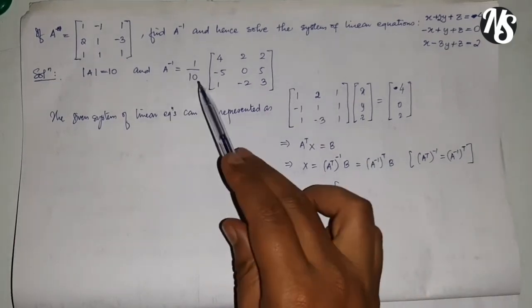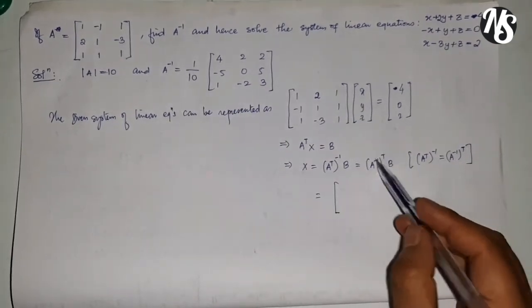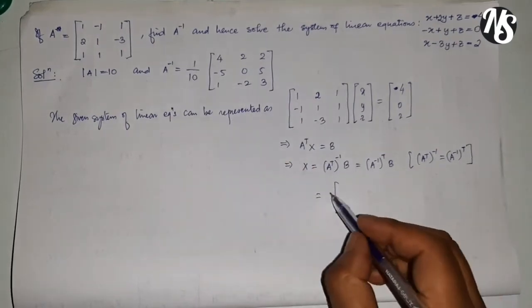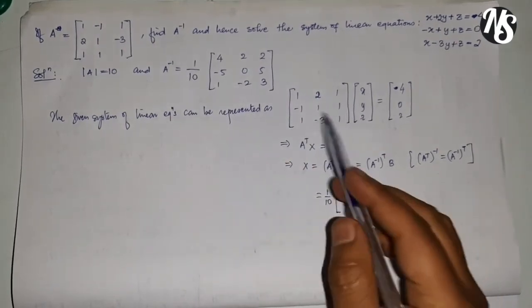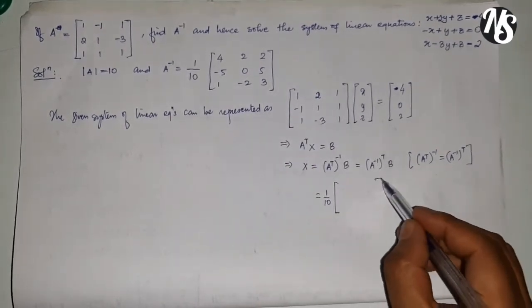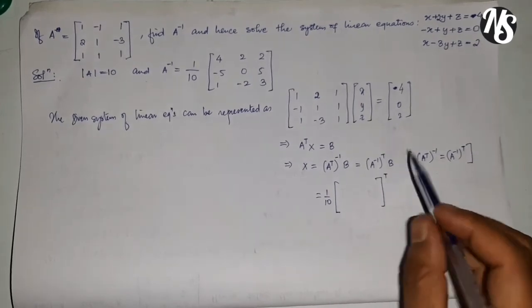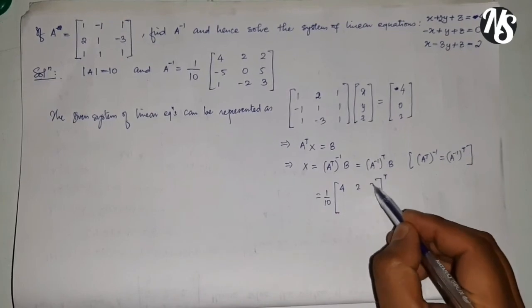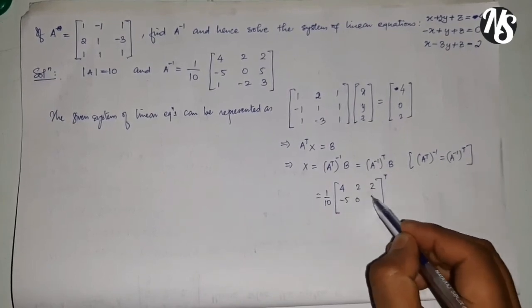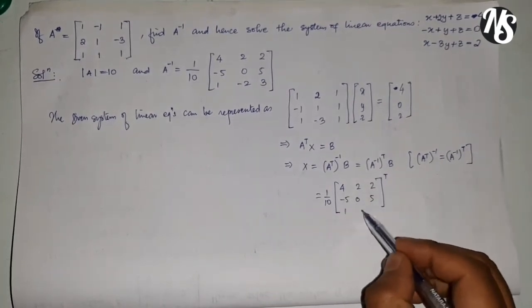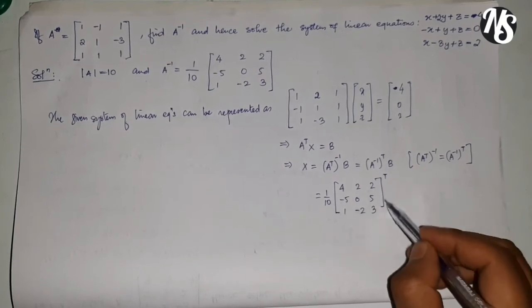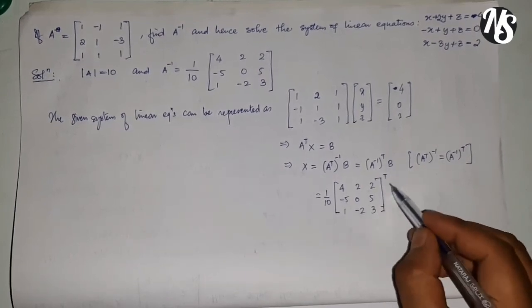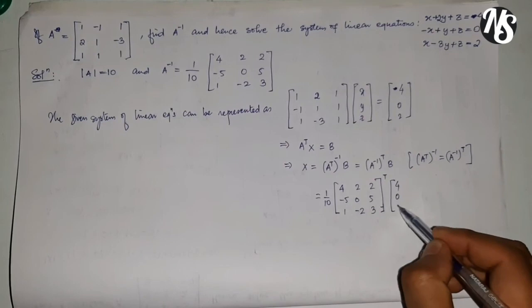A inverse is this one, isn't it? So you can take out 1 by 10 outside. 1 by 10 is kept outside, and you have the transpose out here, remember? So we have 4 2 2, minus 5 0 5, 1 minus 2 3. And B is 4 0 2.